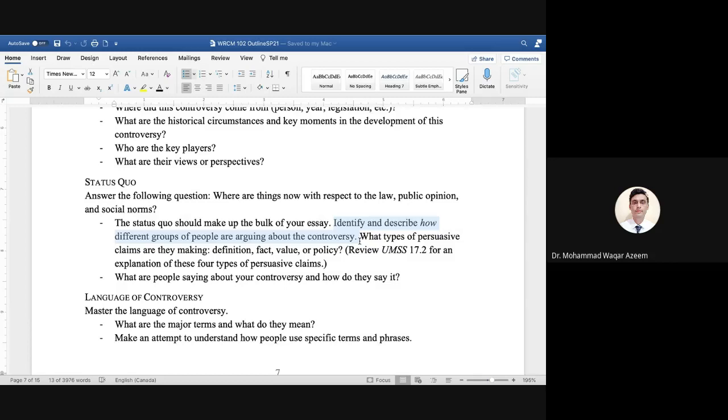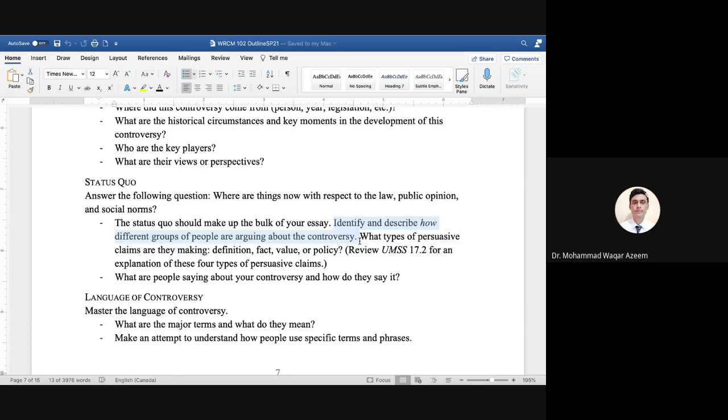All right. So one rule of thumb is this, that in order to write about the status quo of a particular controversy, you consult the recent resources, the resources which have been published in a couple of years. So what are people arguing about that controversy these days?